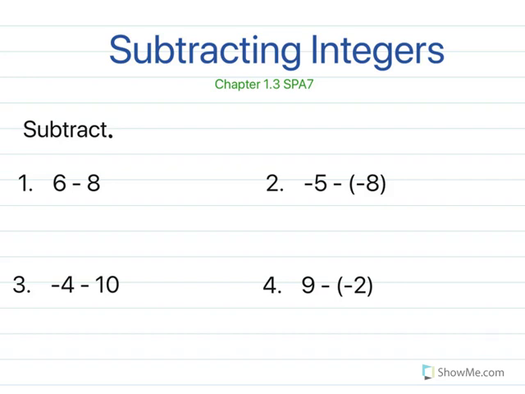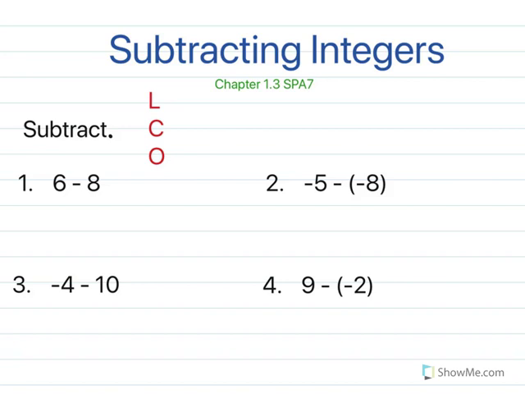So if you found that adding integers is pretty easy, then what I'll tell you with subtracting integers is we're going to do one small variation, one small step to change our subtracting integer problems into an adding integer problem, and then you'll find it's very easy, okay? It's something we like to do. It's called LCO. And LCO represents three actions you're going to take when you're doing a subtraction problem with integers.